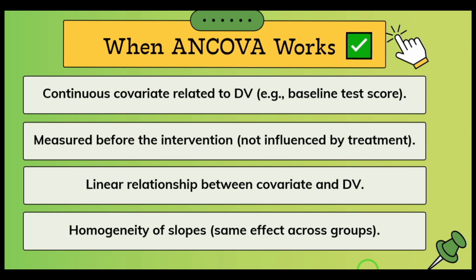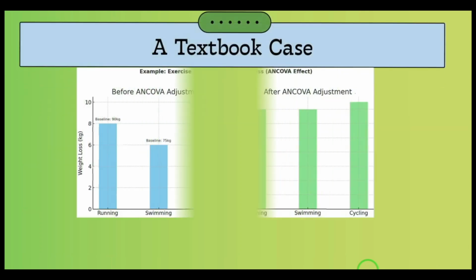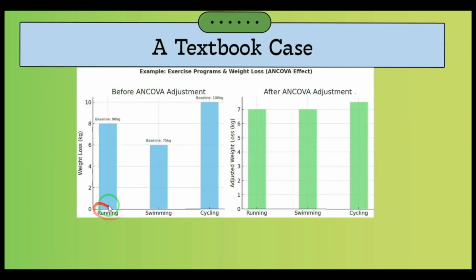Now that we know the conditions, let's make this concrete and see an example. Imagine you're comparing 3 exercise programs: running, swimming, and cycling. And the outcome here is weight loss after 8 weeks. But before the experiment, you also measure each participant's baseline body weight.